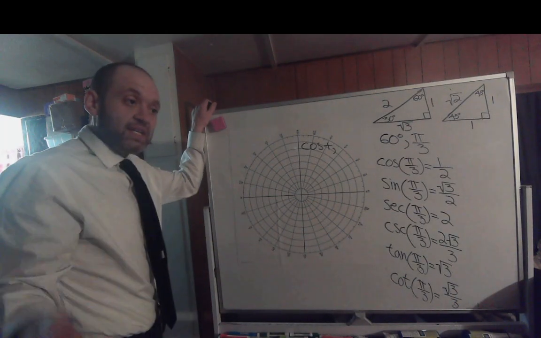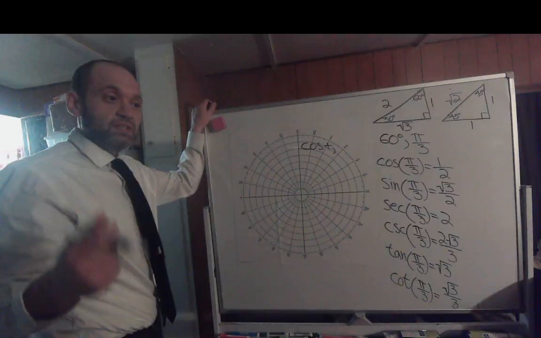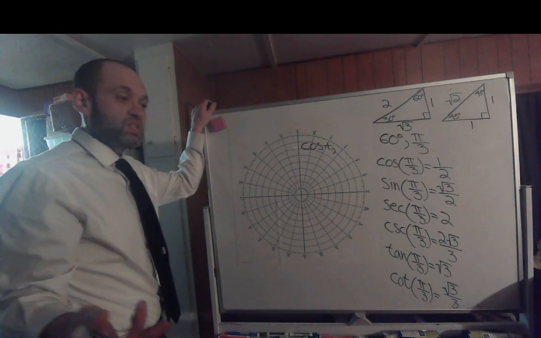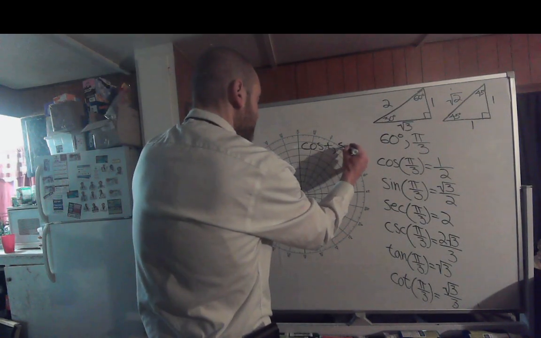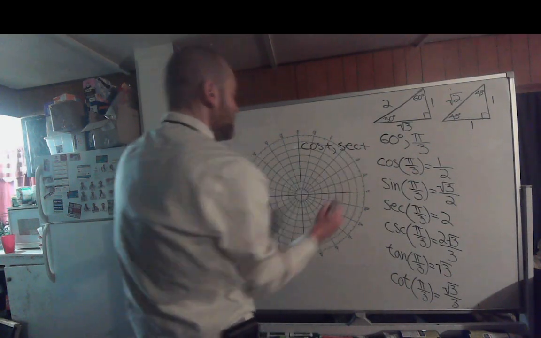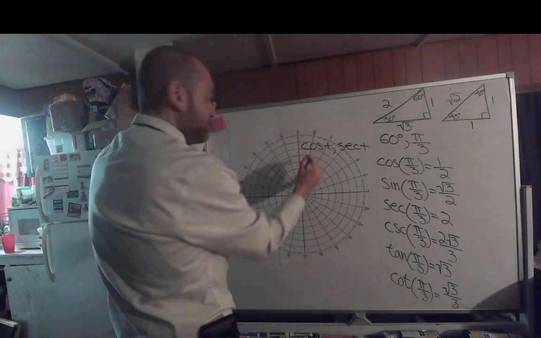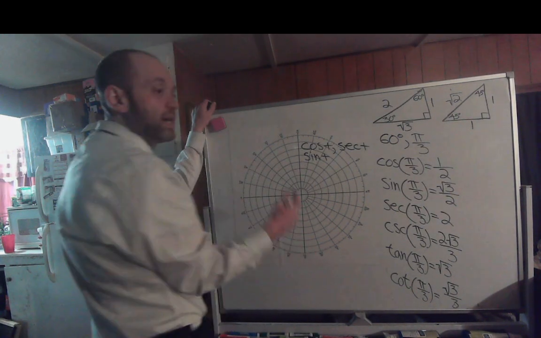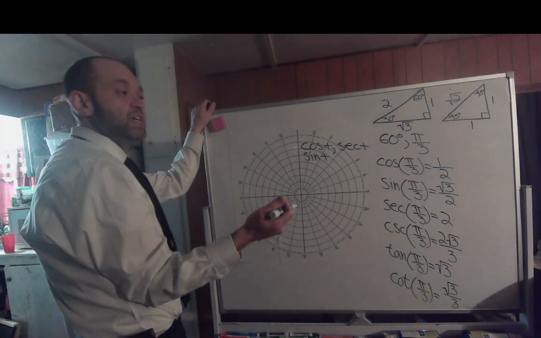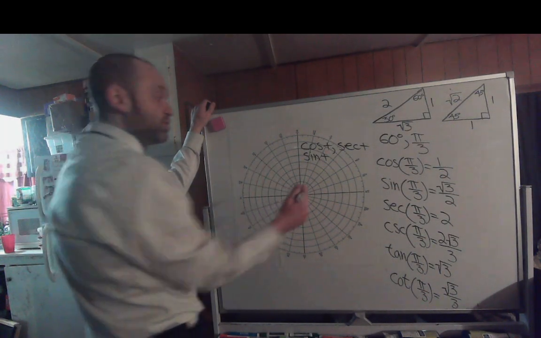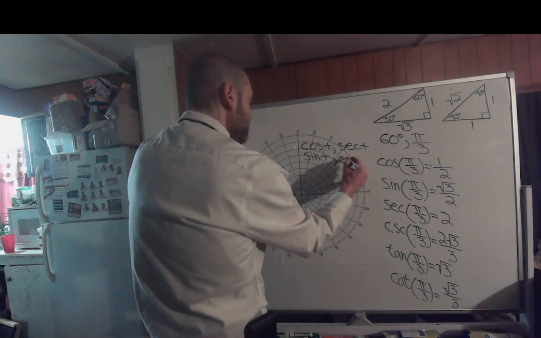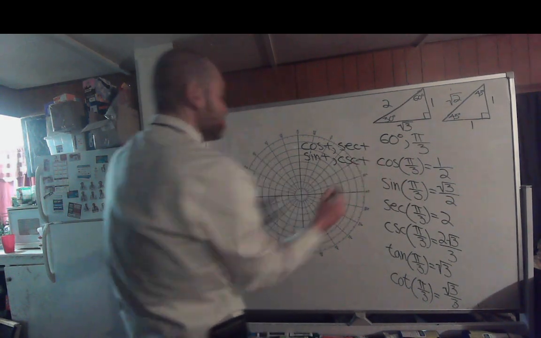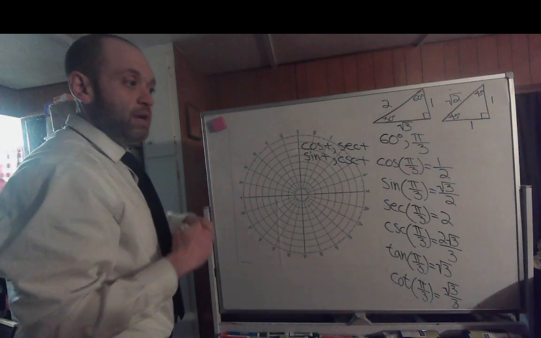And by extension, because the secant's the reciprocal of the cosine function, your secant is also positive. If your y is positive, that means your sine is also positive in the first quadrant. And by extension, since the cosecant's the reciprocal of the sine, your cosecant is also positive. Now, what do we know about tangent?